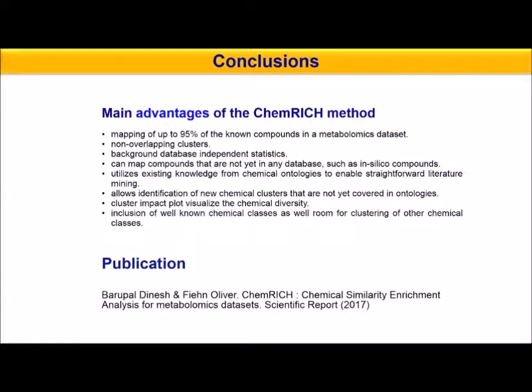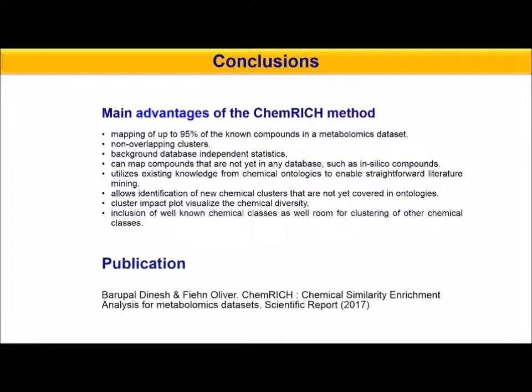In conclusion, there are several advantages for using ChemRICH for metabolomics. It maps up to 95% of the known compounds in a metabolomics data set into chemical classes. The clusters are non-overlapping, so there is no problem of repetitive analysis of the same metabolites for multiple sets.